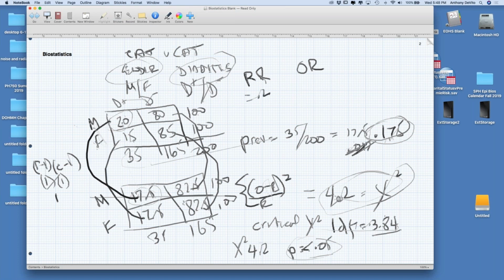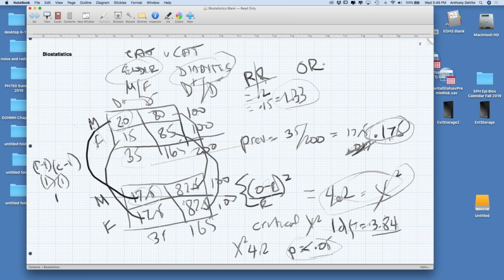What's the rate for females? 15 out of 100, so that's equal to 0.15. So what's the rate ratio, also called the risk ratio? The ratio means you put one over the other, so 0.2 over 0.15, and that's going to be equal to 1.33. So males get diabetes at 33% more, 1.3 times as often as females do.